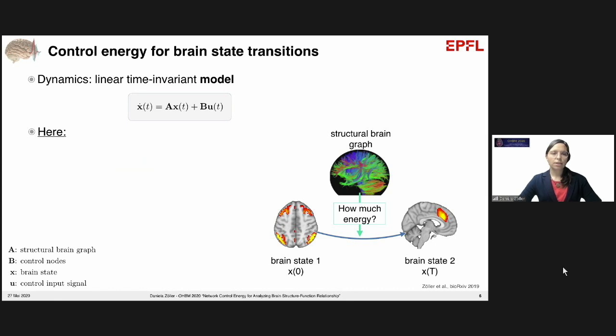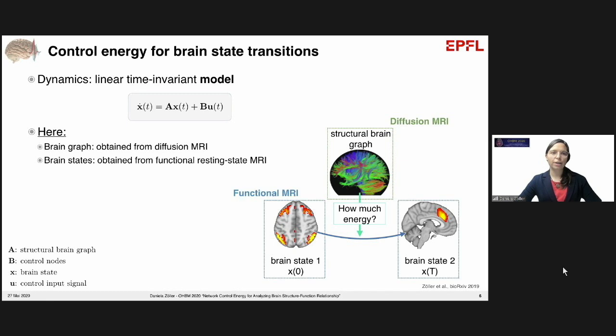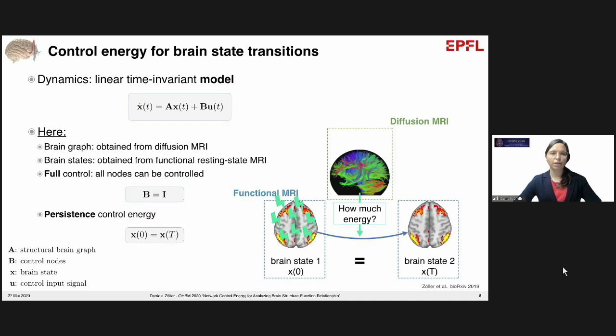Here in this study, we extracted this structural brain graph from diffusion MRI and the brain states from resting state functional MRI. We assumed full control, so we assume that we can put an input control signal at every region of the brain. And in particular, we were looking at persistence control energy. So the initial state and the target state were the same.